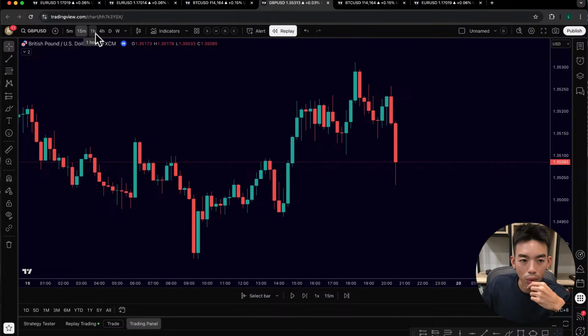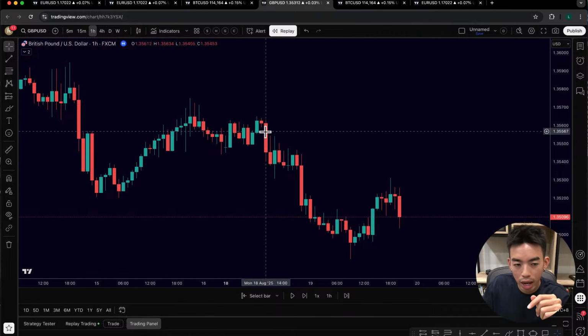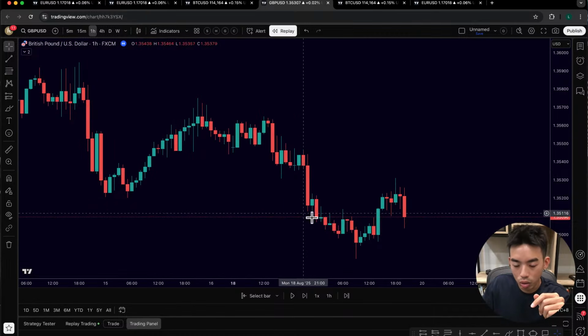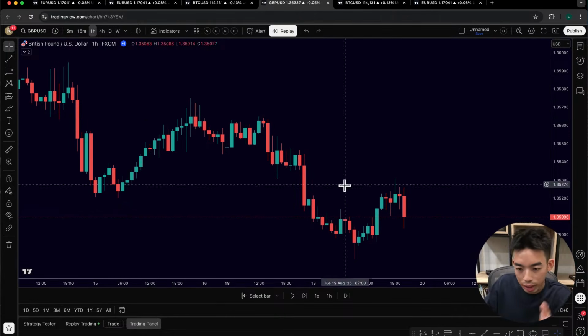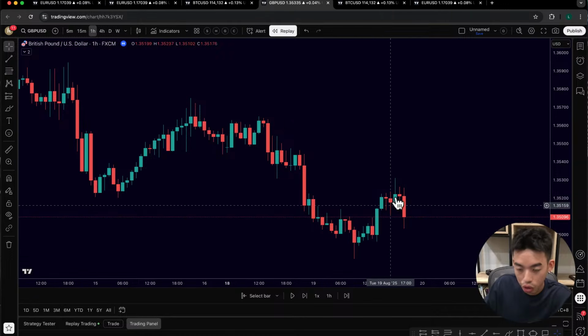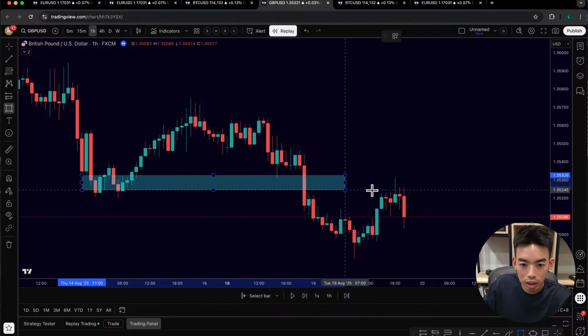Remember the two things that we were talking about earlier. We want to make sure that we have the higher time frame context. On the higher time frame context, what do we have? We know we are in a downtrend. Okay, the main trend here is going down. What we're trying to reverse here is a short-term uptrend, which is here. Now, on the higher time frame, we have this support.